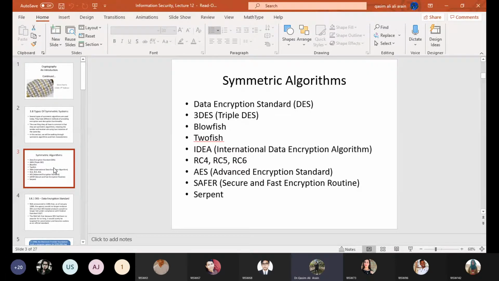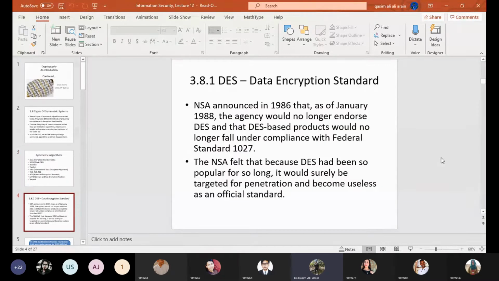So these are the symmetric algorithms which are being used. We start with the Data Encryption Standard.